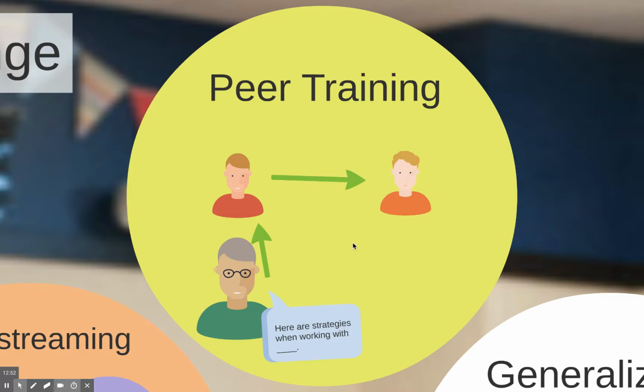This one is one that you really need to think about how you design it, and how you design it well, so that this general education student doesn't feel like they always have to be connected to the special education student. But it is something to think about as we're thinking about LRE. How would we create space within the environment for that kid to be given supports? Their peers might be part of that equation.